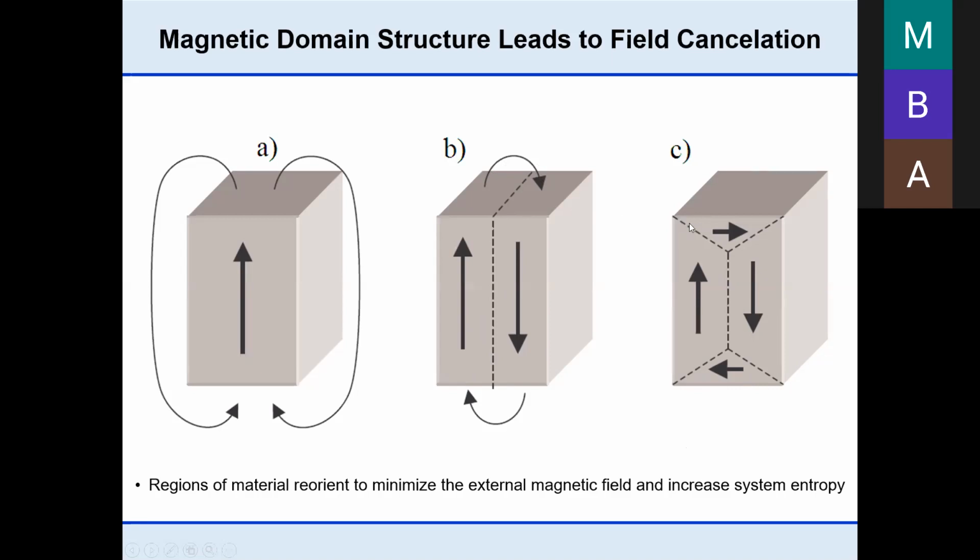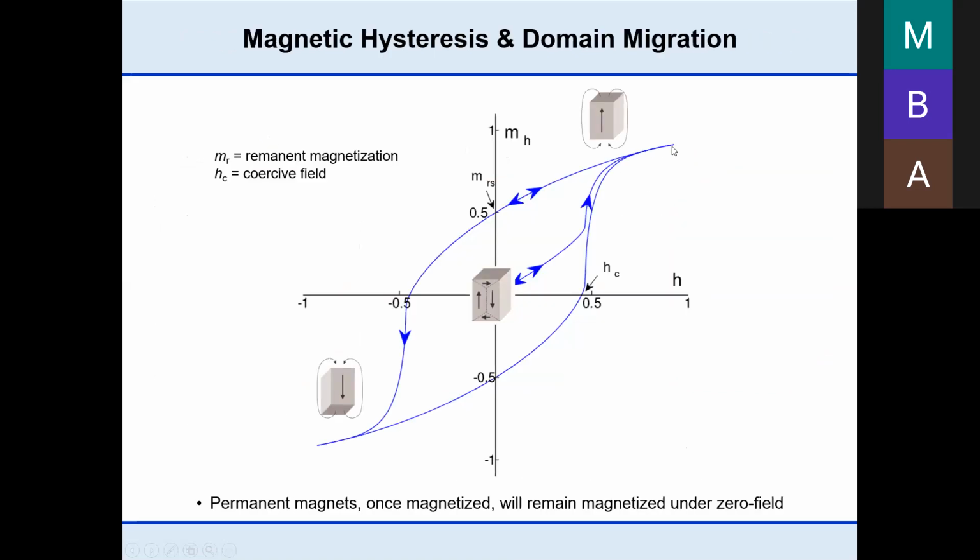And this in and of itself lowers the energy. However, the increase in entropy associated with doing this is also a favorable process. So this domain growth and migration is what gives rise to magnetic hysteresis and bulk magnetism.